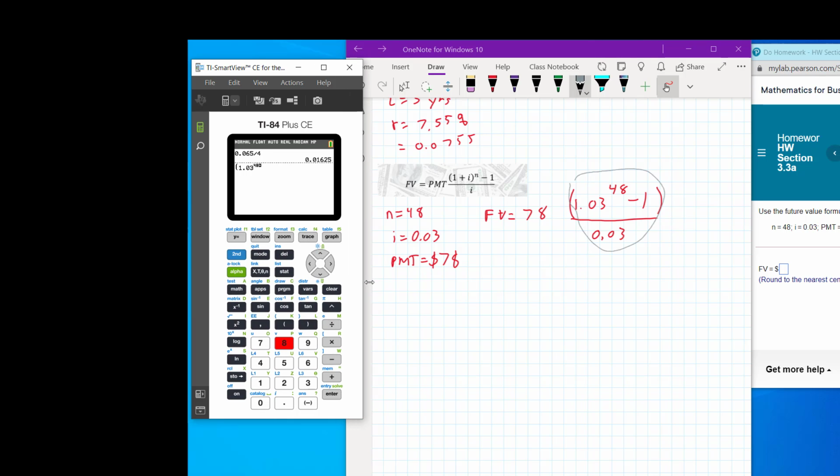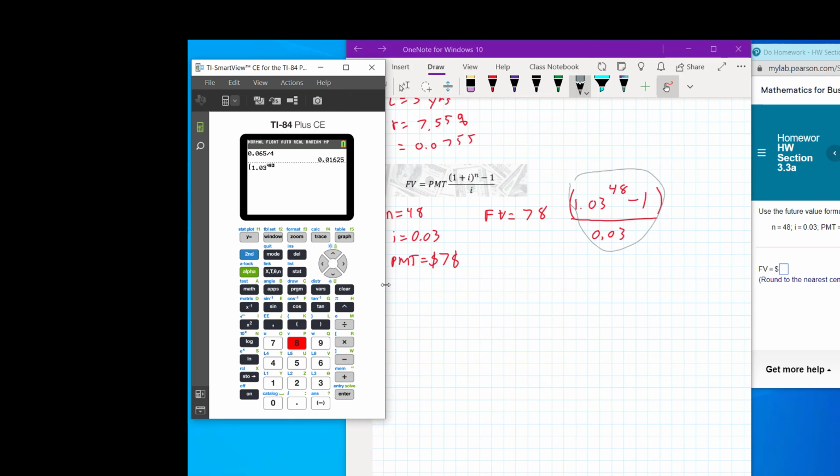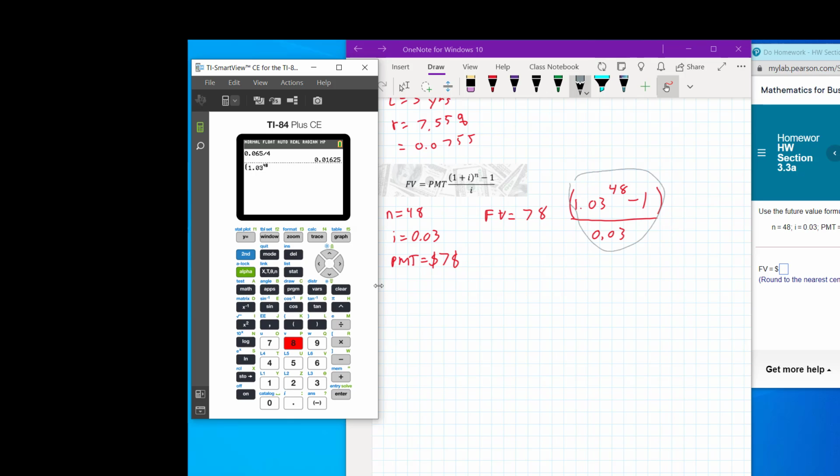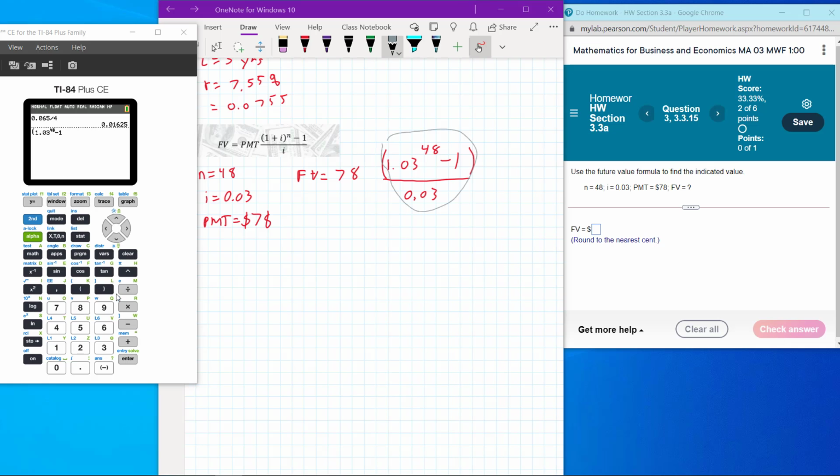And let me make this a little bit bigger. Okay. Cursor to come out of that, minus 1, close the parenthesis, divided by 0.03. I'm going to hit enter. And that number right there, 104.408396, is this value right here. Then I'm going to multiply that by 78. And there is my answer. I have that for my future value.